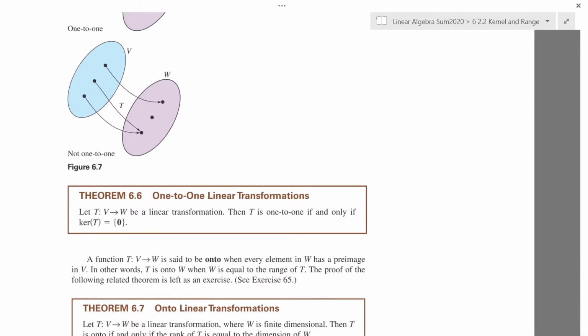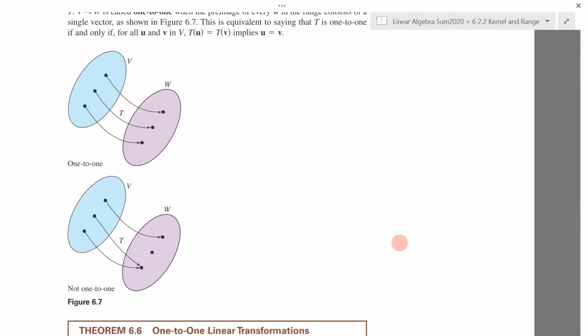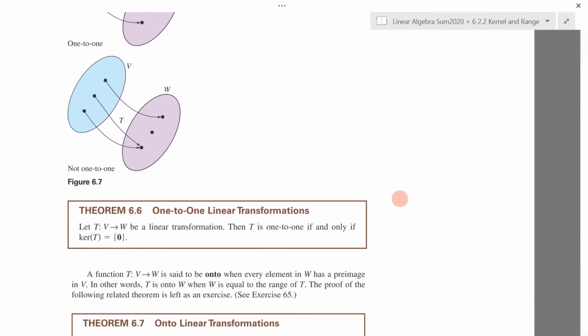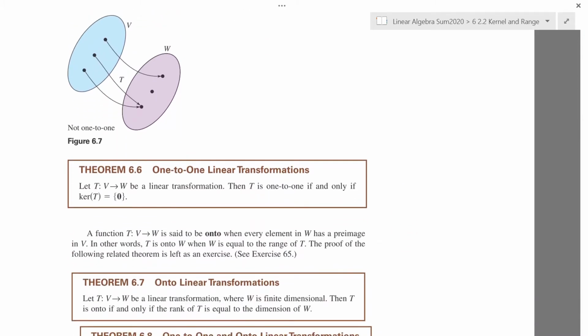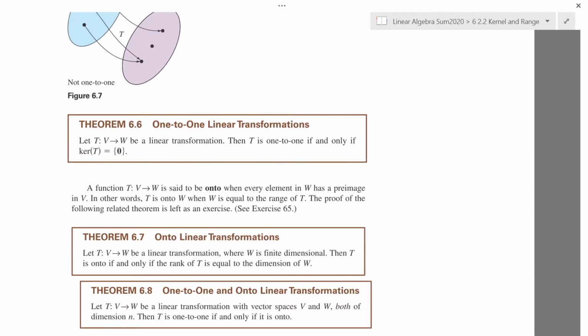The concepts of one-to-one and onto apply to any function. For general functions, sometimes it's not so easy to figure out if they're one-to-one or onto, but for a linear transformation, it's actually straightforward. A linear transformation is one-to-one if and only if the kernel is just the zero vector.